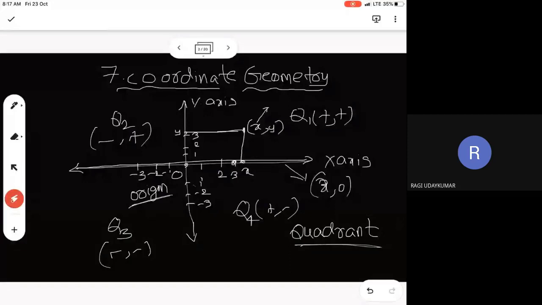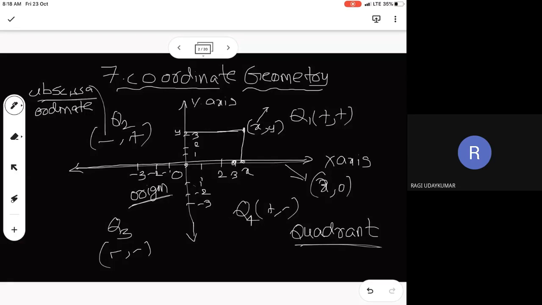So I will write here that also the x coordinate is called as abscissa. Y coordinate is called as ordinate. तो ये x coordinate को abscissa बोलते हैं, ये y coordinate को ordinate बोलते हैं. Whatever it may be the point if you take into consider.